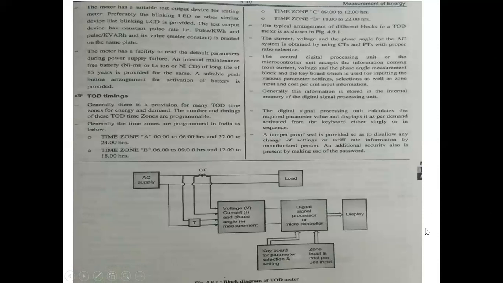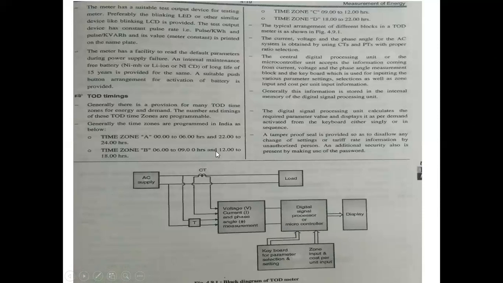We don't have to write the parameters, select zone and cost per unit, every time.